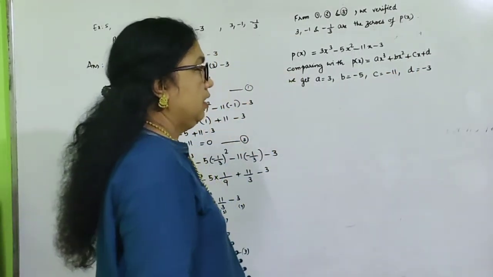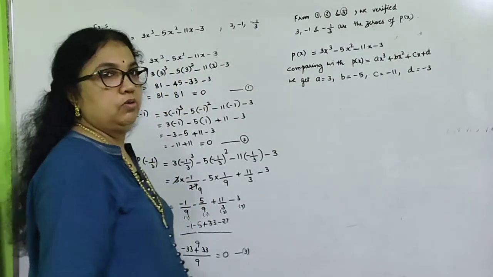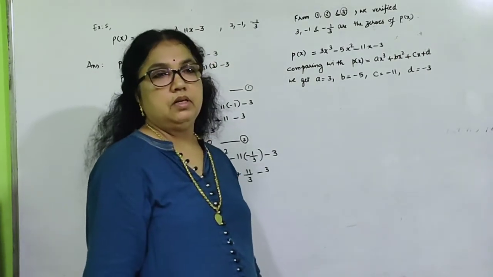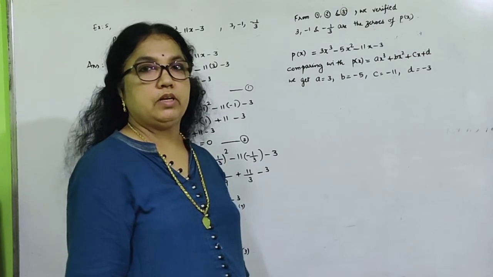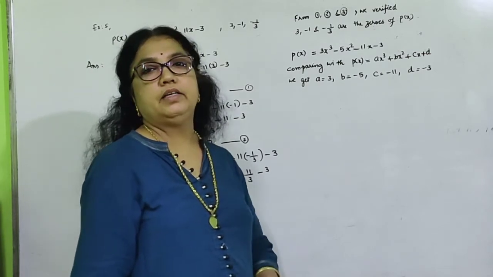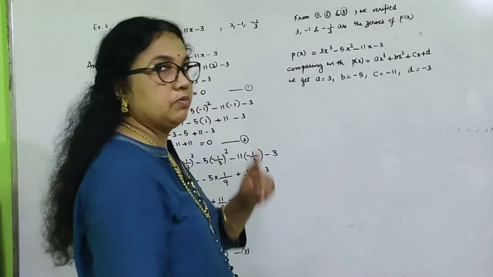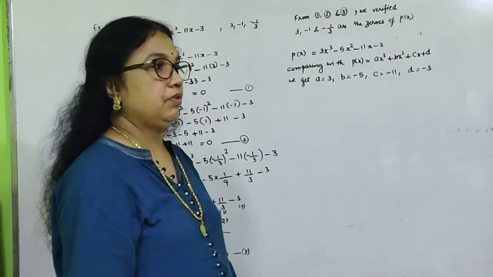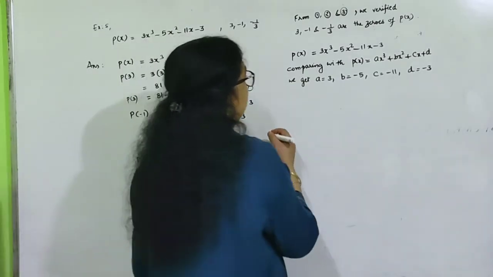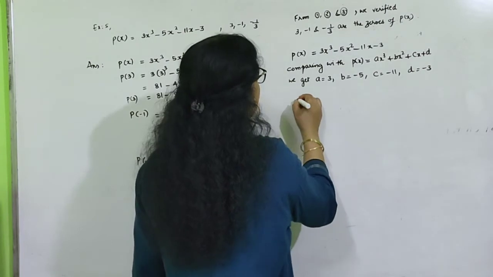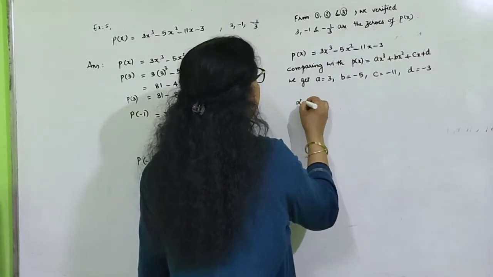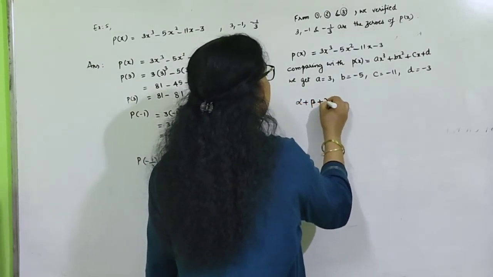So for verification we have to do the sum of zeros, the sum of products of two zeros taken at a time, and the product of zeros. That formula is what we first wrote. In that formula we have to get. So for that, sum of zeros, alpha plus beta plus gamma.